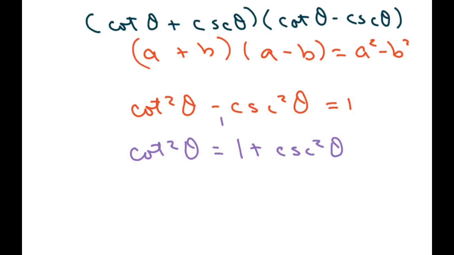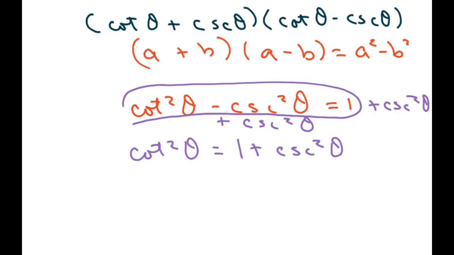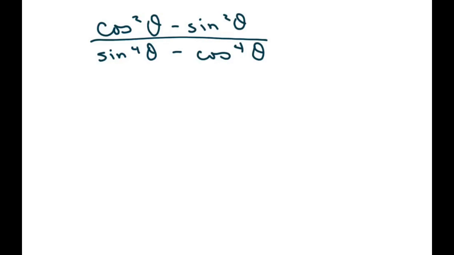And again, you're just adding the cosecant squared of theta to both sides. And if that cancels, then you get that. So this whole thing here just equals 1. And the next one, and the last one.